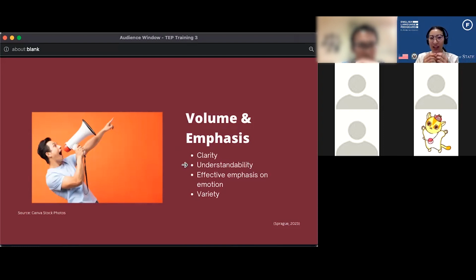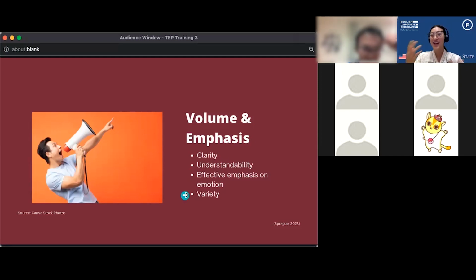If you are speaking too quietly, then it is really hard, for example, for the people at the back of the audience to understand what you are saying. Now, effective emphasis also helps support emotion, right? When we change our voice and emphasize certain words, it helps convey some emotion.